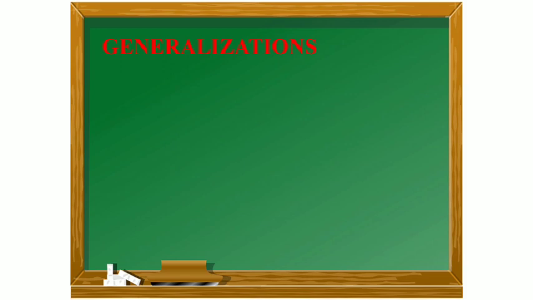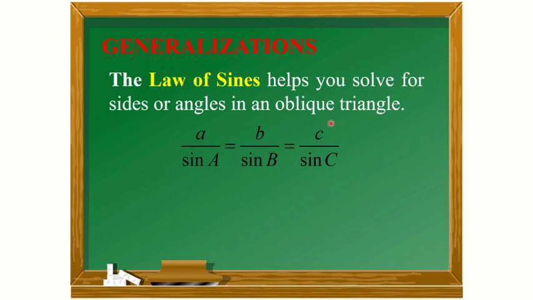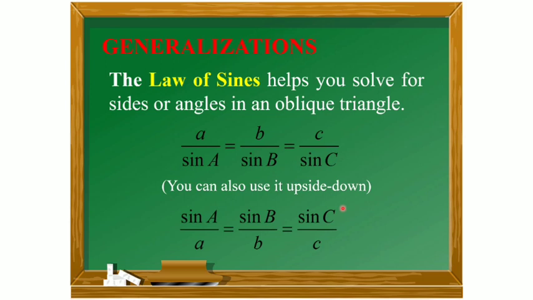Now, let us have a recap on our topic for today. The law of sines helps you solve for sides or angles in an oblique triangle. These were the equations. You can also use it upside down, just like this one.